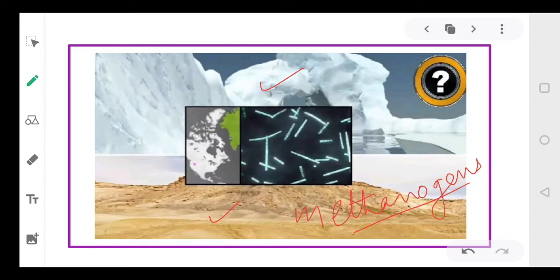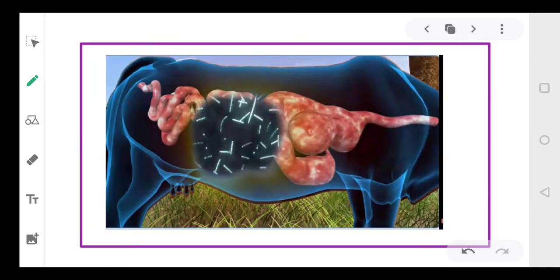Now these bacteria, dear students, are also present in the rumen, the stomach of the cattle, where they act upon the cellulosic material present in the food. Because these cattle feed on grass, and the major component of grass is cellulose.